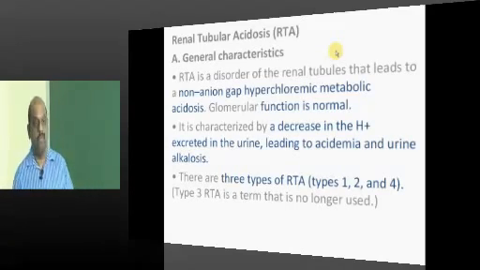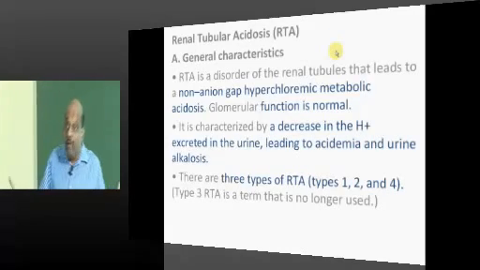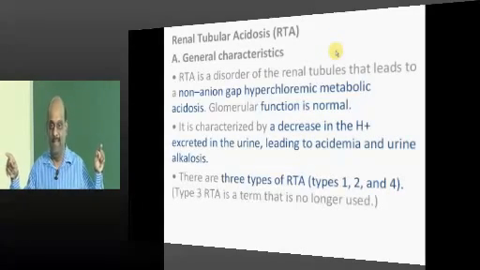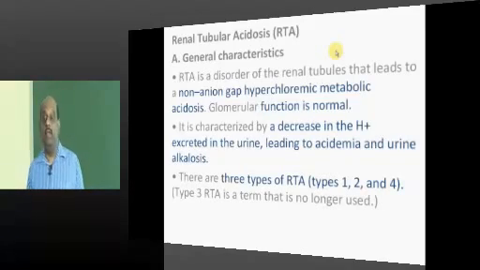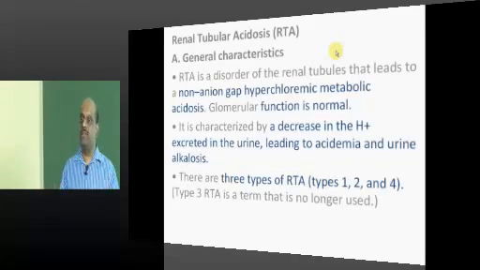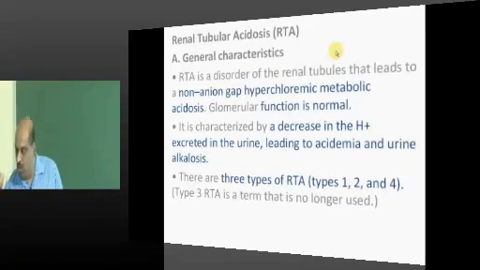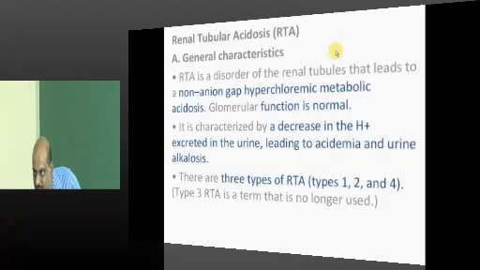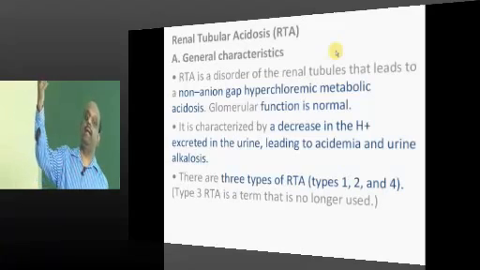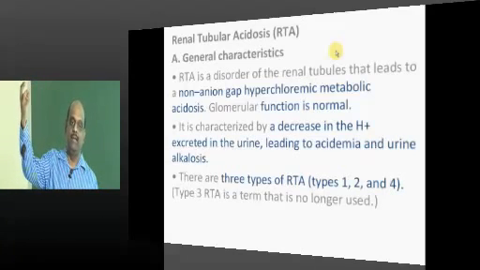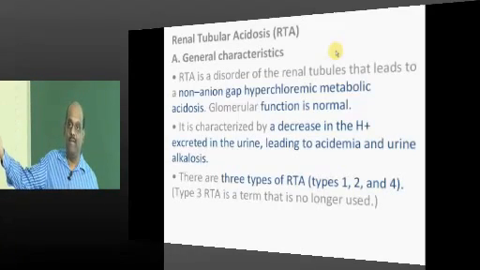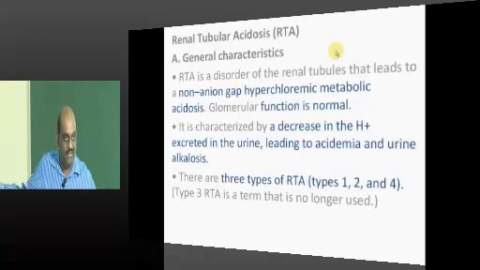Now, where in serum? If the person has got low bicarbonate, which is a negative ion, same time a high chloride, what will happen? Nothing will happen. Anion gap remains the same.